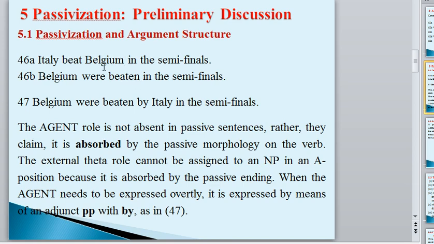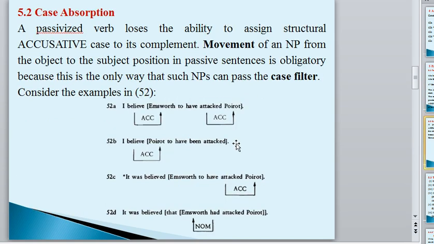You see, Belgium in the active sentence is after the verb, but here it is before the verb. It moves to the subject position because the passive verb cannot assign accusative case to its complement. So the movement is obligatory, for passing the case filter.